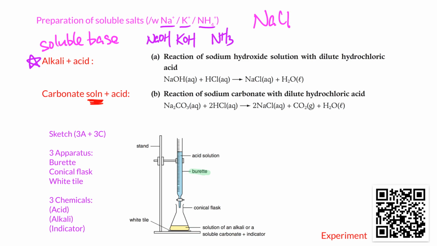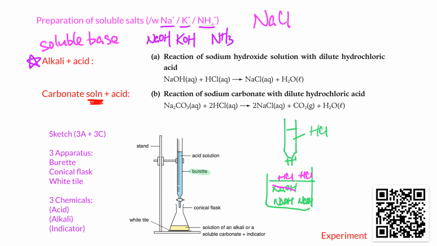But NaOH and HCl, both of them are colorless. Imagine we have 3 NaOH down here, and then we add acid from above, that is HCl. If I add the first HCl, it will neutralize some NaOH.